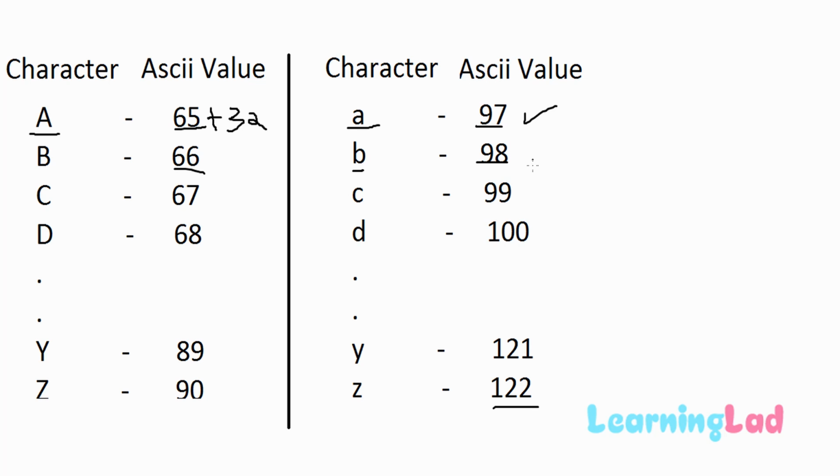And similarly, if we have a lowercase character, for example, let's say this lowercase d, and if we subtract 32 from this ASCII value of this lowercase d, then we're gonna get the ASCII value for this uppercase D. So we can use this logic and construct the program which is gonna toggle the cases of all the alphabetical characters present in a string.